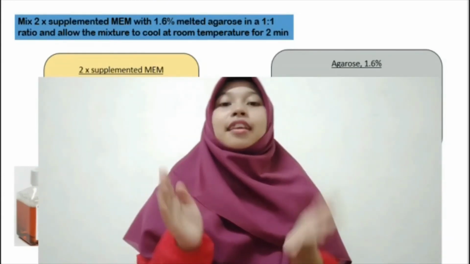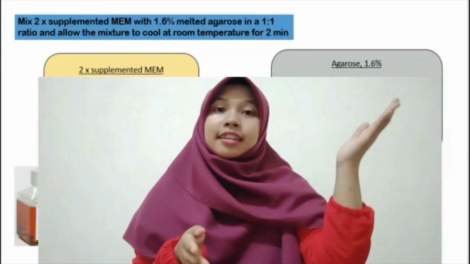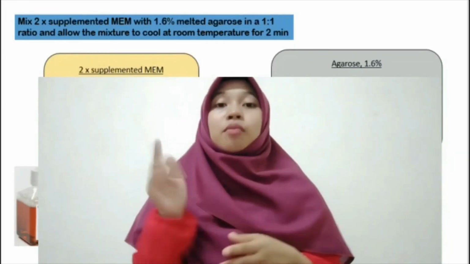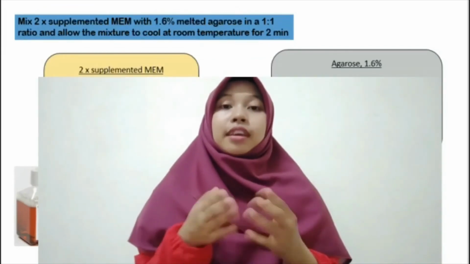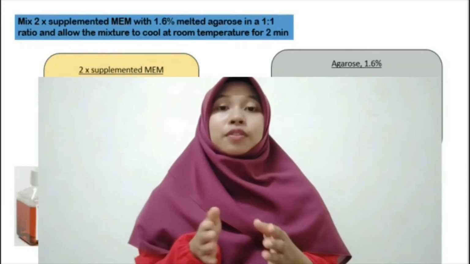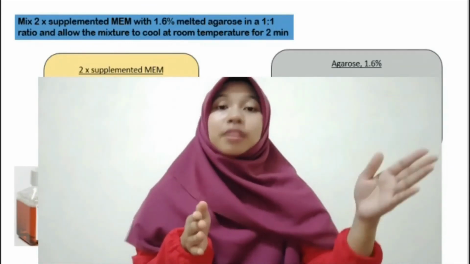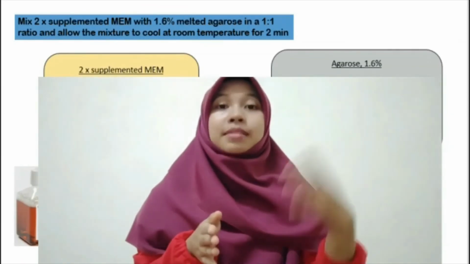We must add agarose with the MEM at a 1:1 ratio, which means if we add 1.5 ml of the agarose, we have to add 1.5 ml of the supplemented MEM.